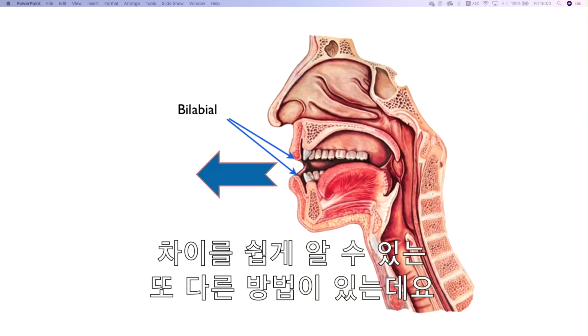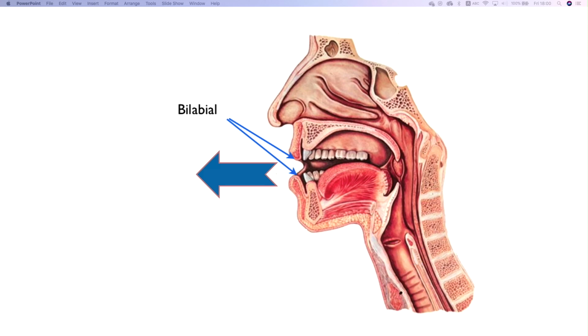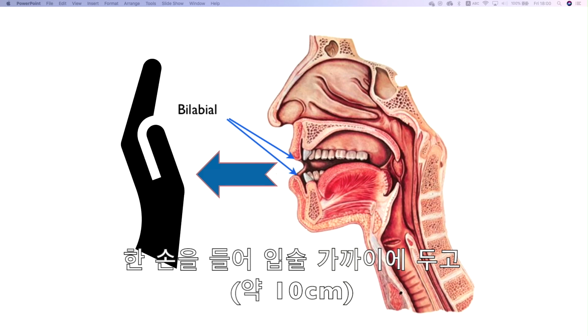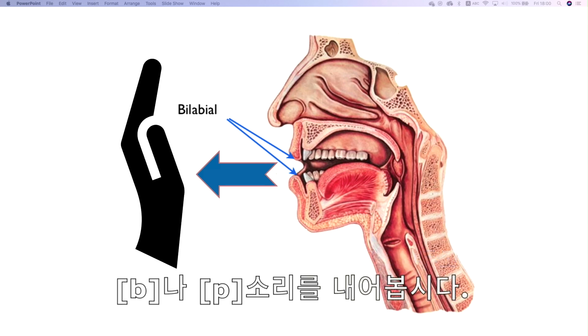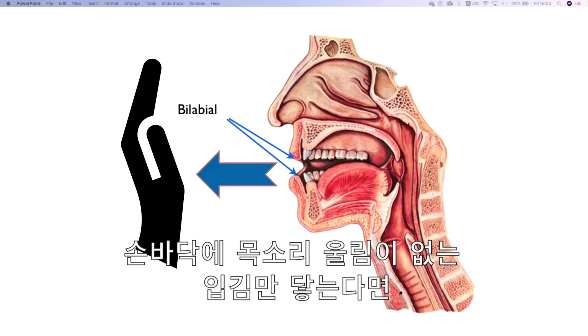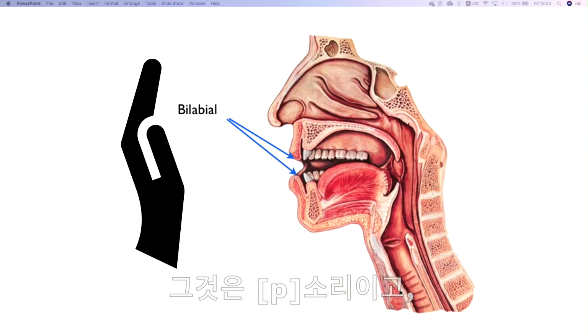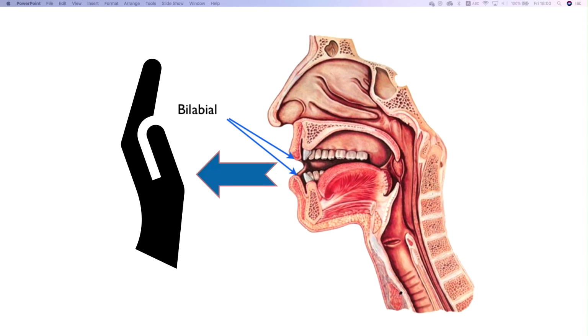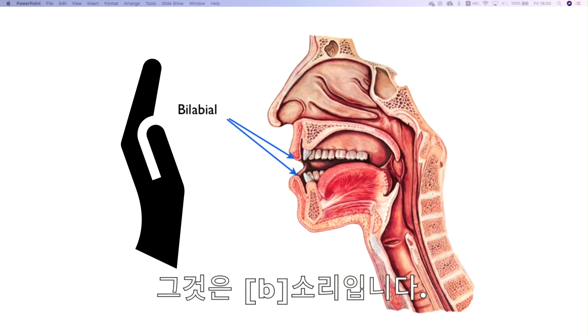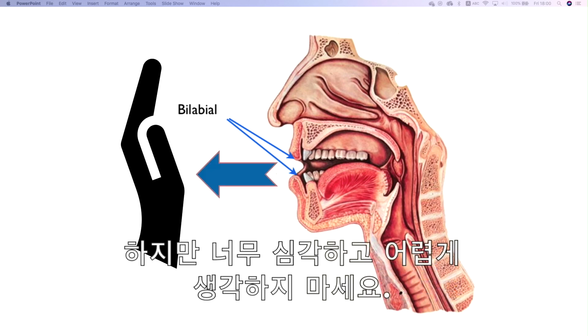And there's another easy way to make the difference. Just hold one hand up close to your mouth and make the sound of B or P. If you feel only the puff with a voiceless sound, it must be P. But if you cannot feel the puff but hear the voiced sound, then it's B. But you don't need to think it's difficult.